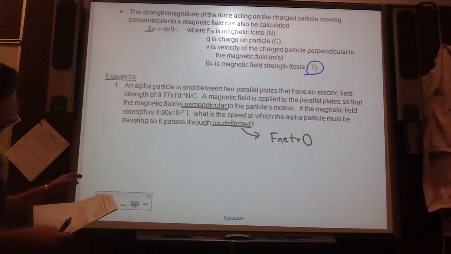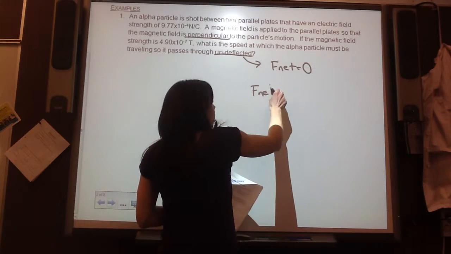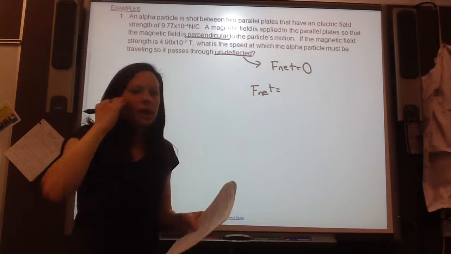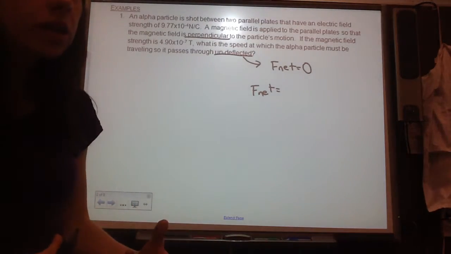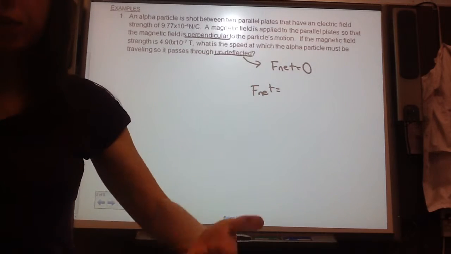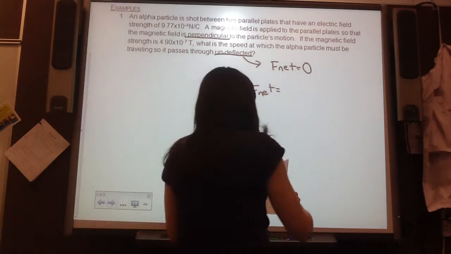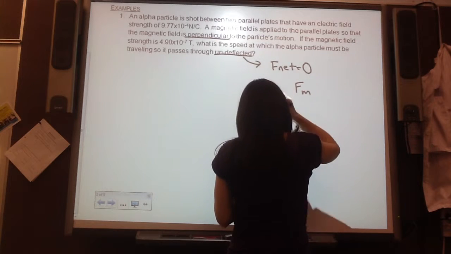Now, when we think about F net for these questions, what forces are being applied? Since it's in parallel plates, it's experiencing an electric force. So we have our Fe and we have our Fm.